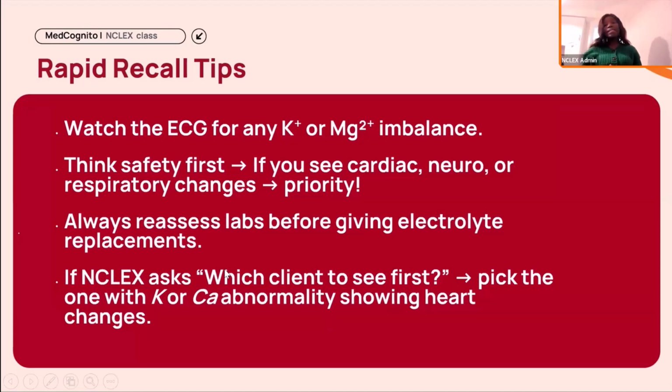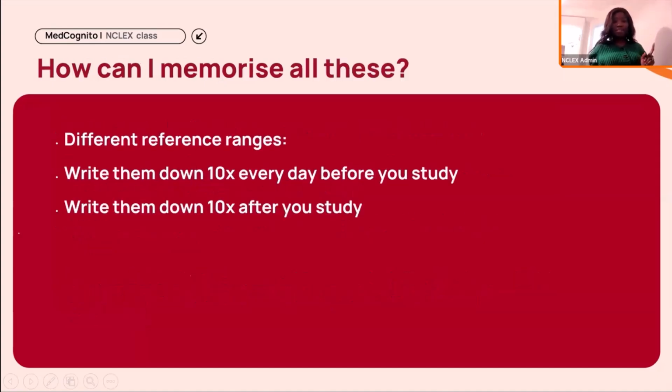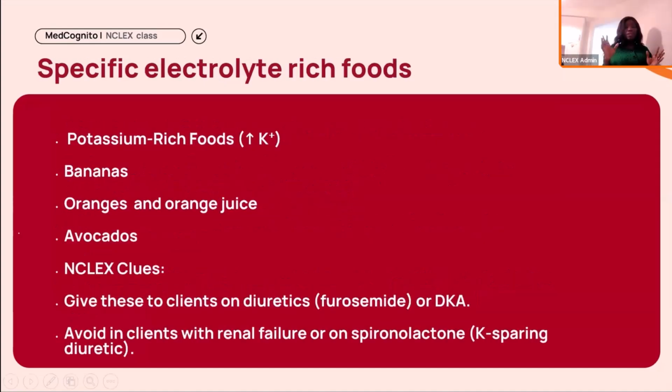And if NCLEX asks, like, which clients are you going to see first? Which clients are you going to prioritize? And you have one with potassium and calcium abnormalities, pick those one first. You have to prioritize that because that one can kill the client very fast. Okay, so the few slides coming up are very important because you can be tested on these, especially in your select all that apply questions.